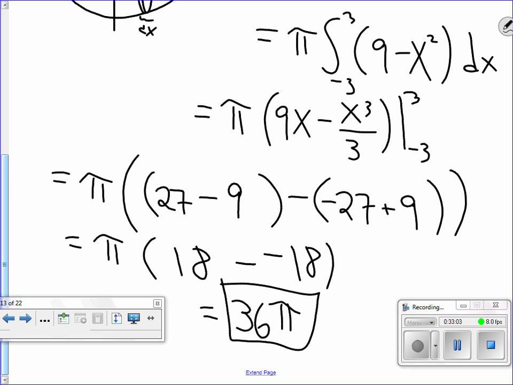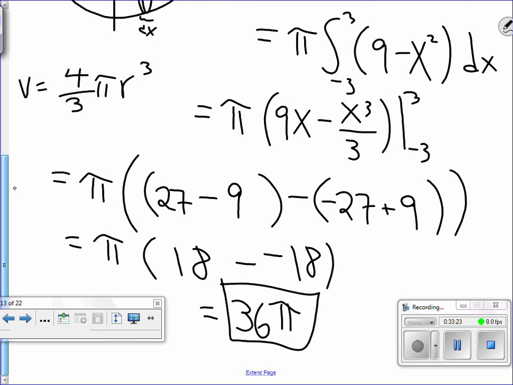Remember, it was a sphere? And we could have just used the old volume formula for a sphere. Remember the volume of a sphere? What the formula was? It had a 4/3 in it. 4/3 pi r. If it's volume, it's got to be cubed, right? Now, I wonder if that would have worked.